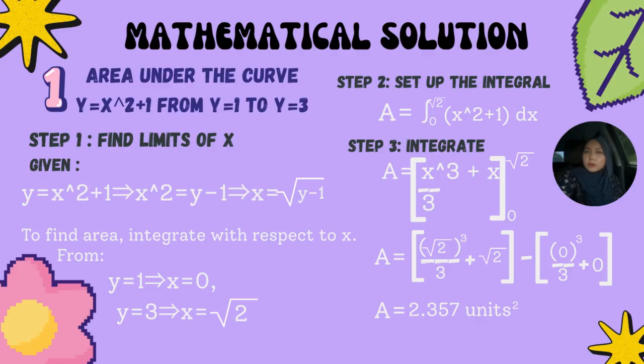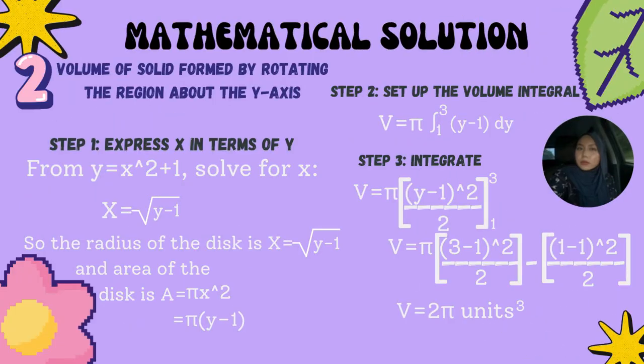The final answer is A equals 2.357 square units.